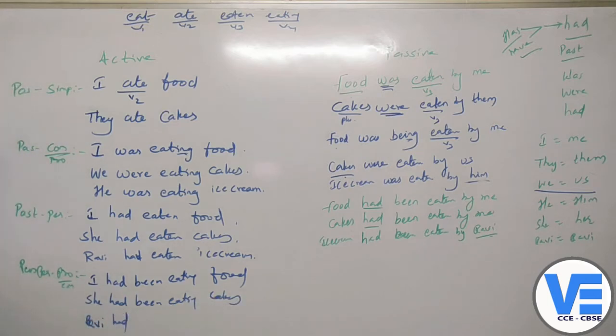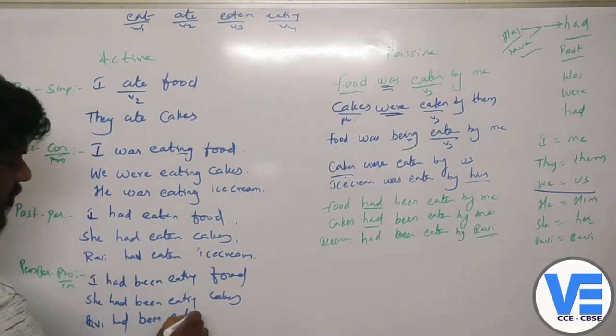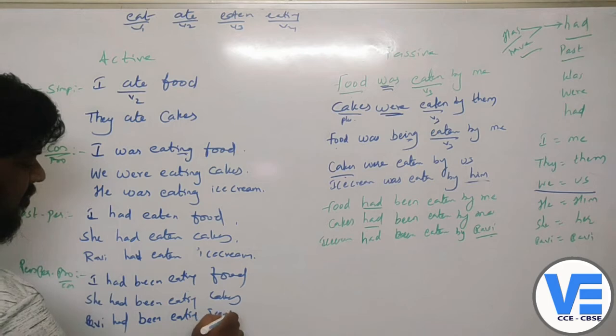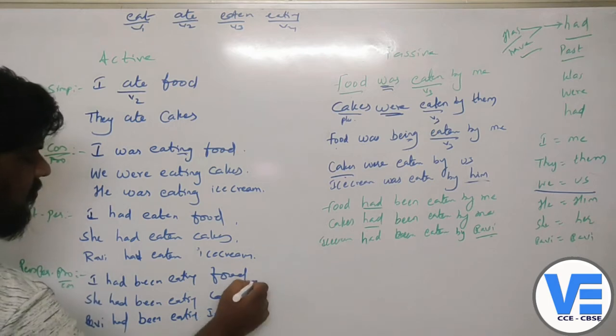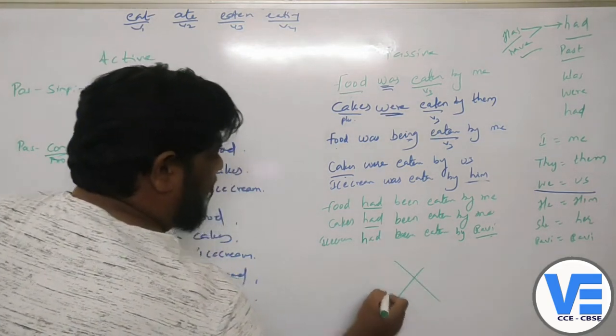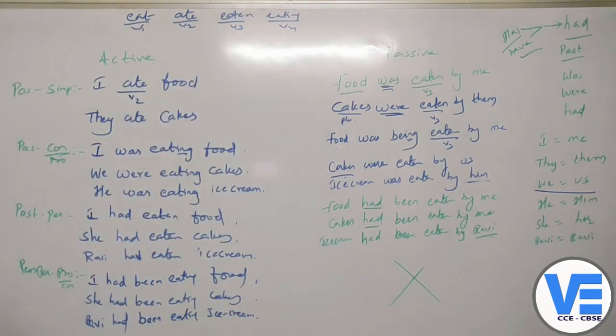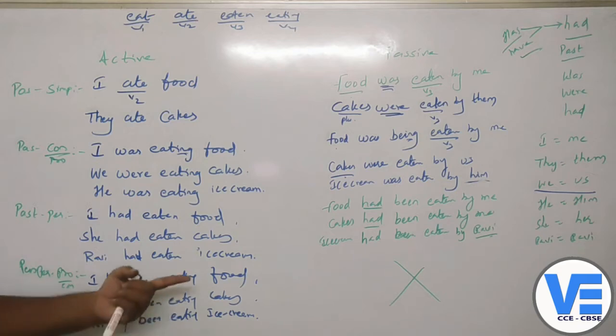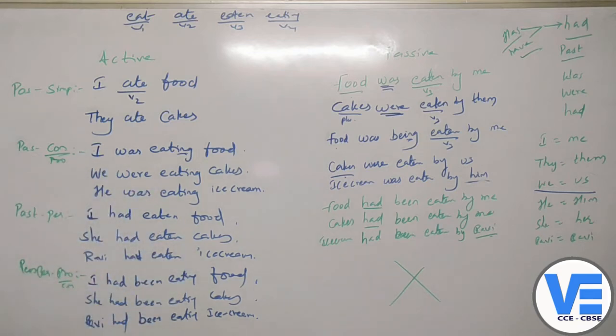Ravi had been eating ice cream. So if you see here, because this is a past perfect progressive, basically we will not have any passive voice to be written here. So I had been eating food, or she had been eating cakes, or Ravi had been eating ice cream. So we don't have any passive voice to write here.